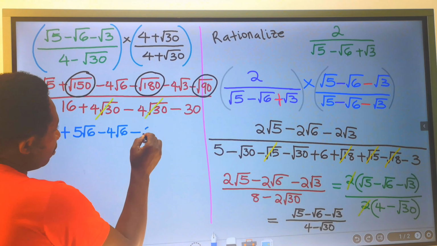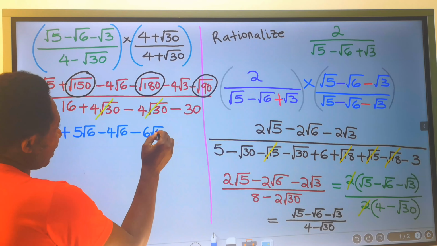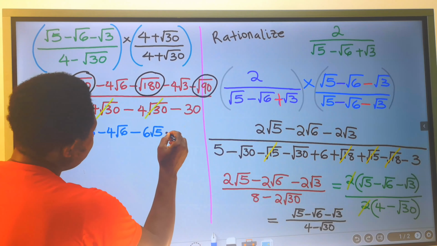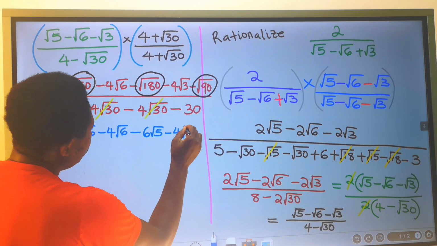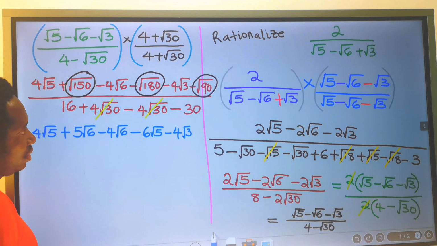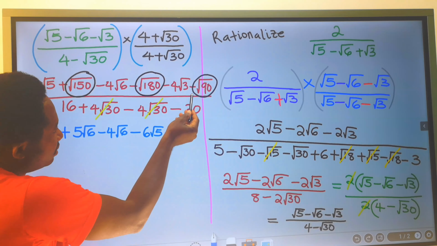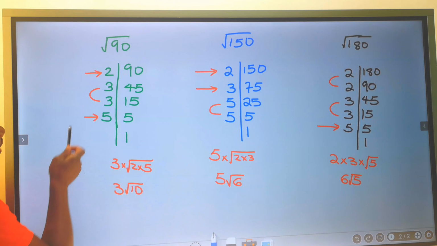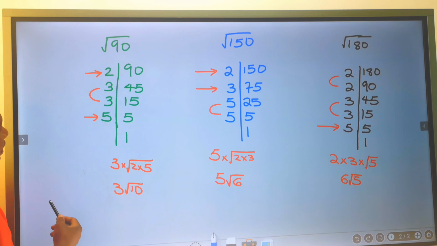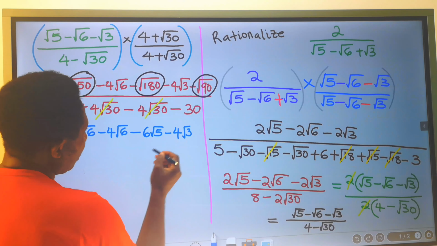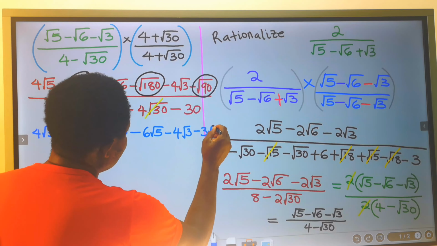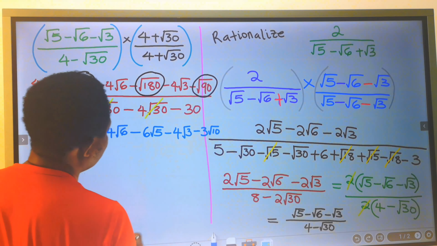And here I will write 6 multiplied by the square root of 5. Next, this is minus 4 root 3. Next, this is minus the square root of 90. Instead of writing the square root of 90, I will write 3 root 10. And here I will have minus 3 multiplied by the square root of 10.